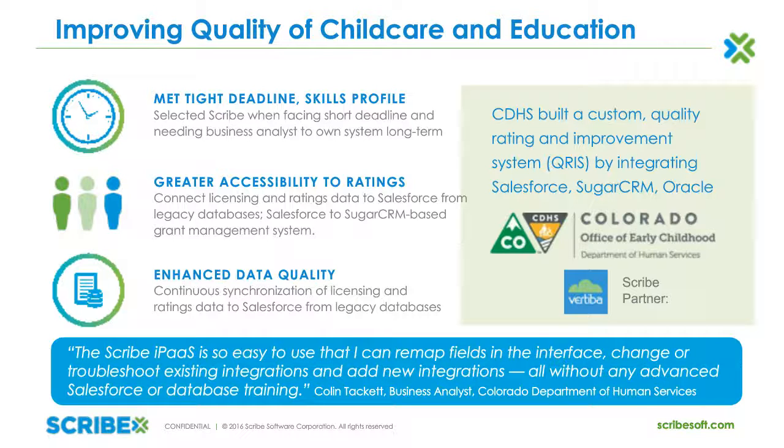And they've actually seen a great increase in the number of people using the overall system to look into the quality of these various facilities. It's a great example of tying together various systems of record to create something much greater than that, in this case, a quality rating system for the entire state.